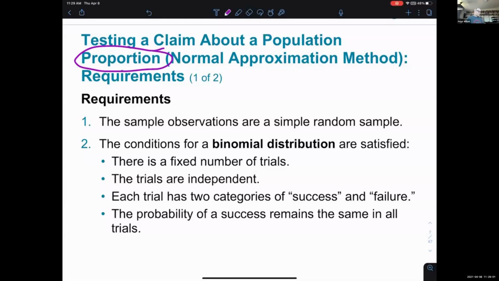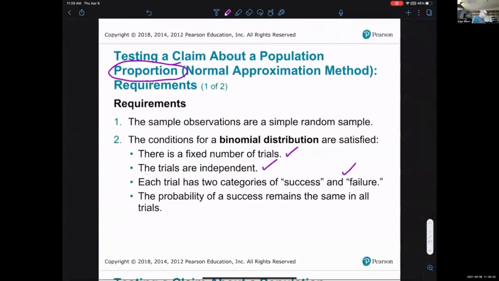Sample observations are of a simple random sample, and the conditions for a binomial distribution are satisfied. There's a fixed number of trials. That would be the number of my sample. The trials are independent. If one person has blue, that doesn't change the probability that the next person would wear blue. Each trial has two categories, success and failure, wearing blue or not.